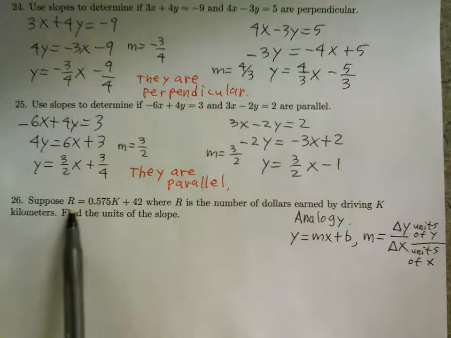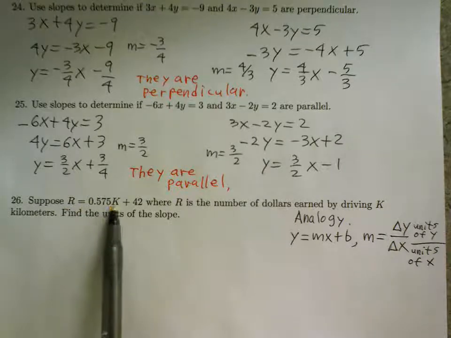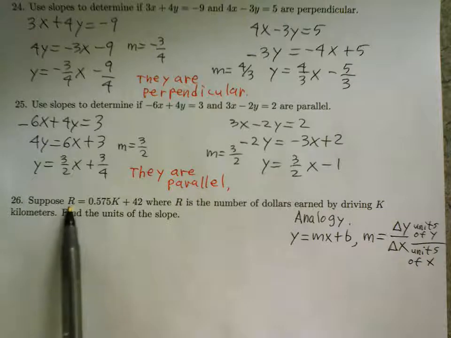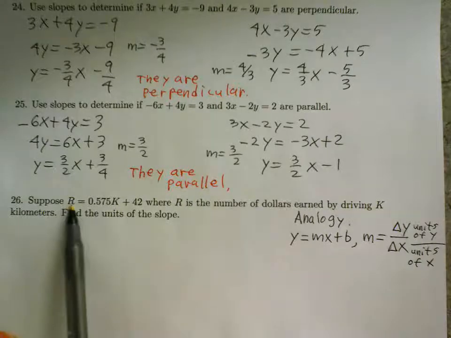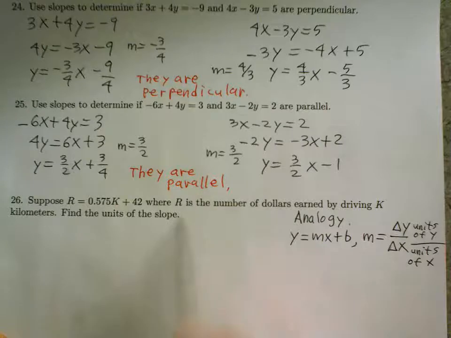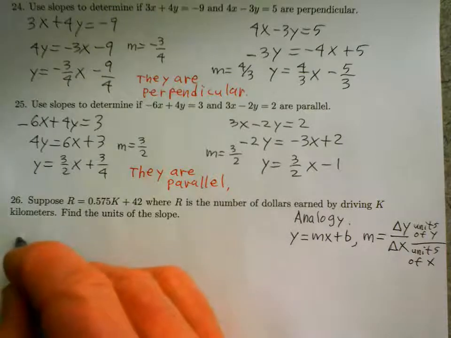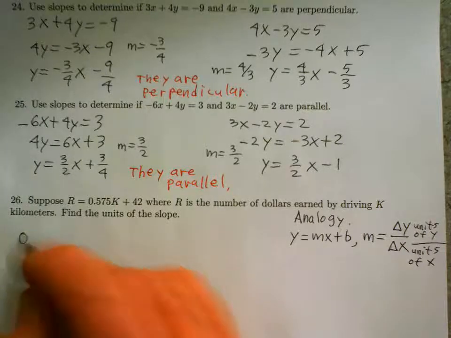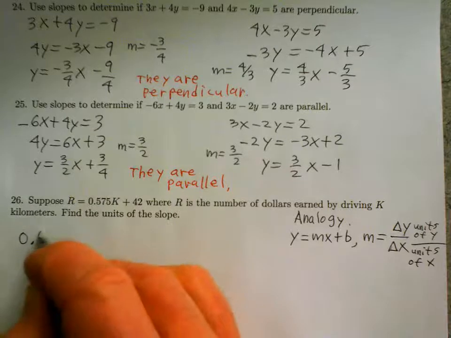Okay, so this equation, it's not of the form y equals mx plus b. We're using different variables. Instead of y, we're using r, and instead of x, we're using k. So the units of the slope, well, the slope is 0.575.